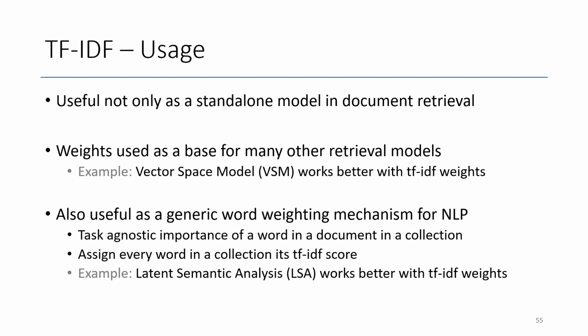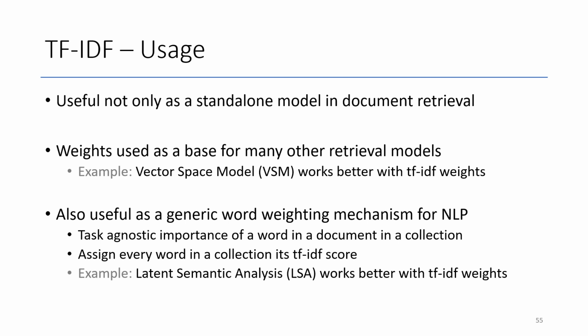TF-IDF is not only useful as a standalone ranking model, but its weights can also be used as a base for many other retrieval models, such as the vector space model that works better with TF-IDF weights. It's also useful in a generic word weighting context for many NLP tasks.